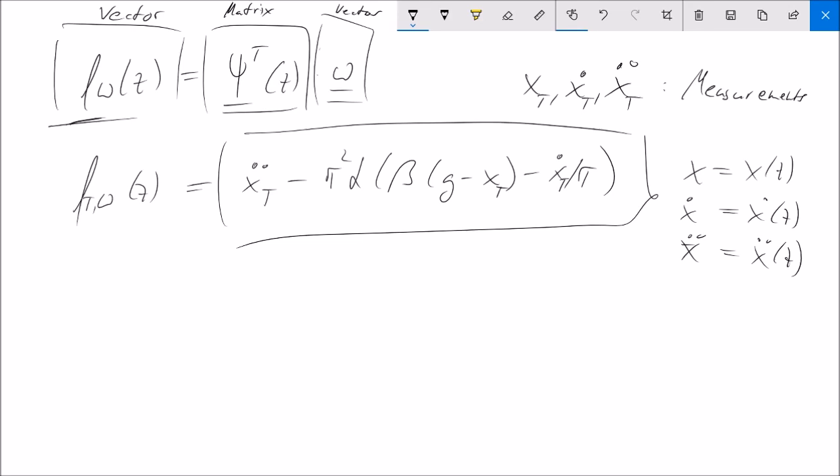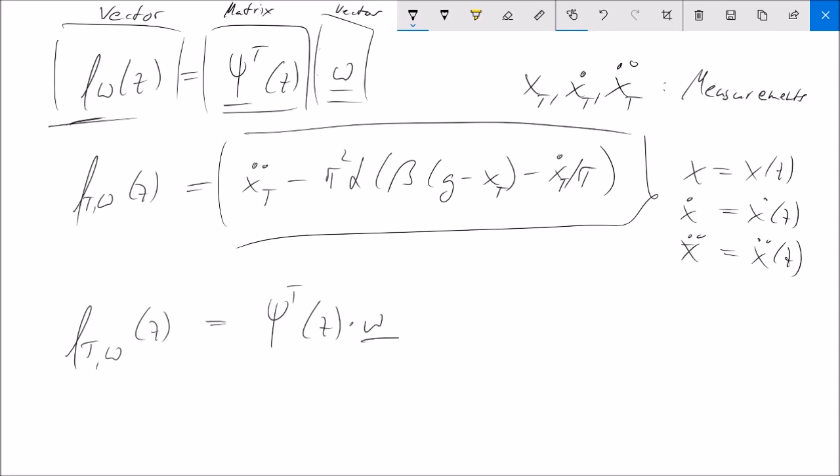Okay. So we should make it consequently: this is our measurements, f_t, dependent on the weights w, is equal to psi transposed of z multiplied by w. And this is a vector.